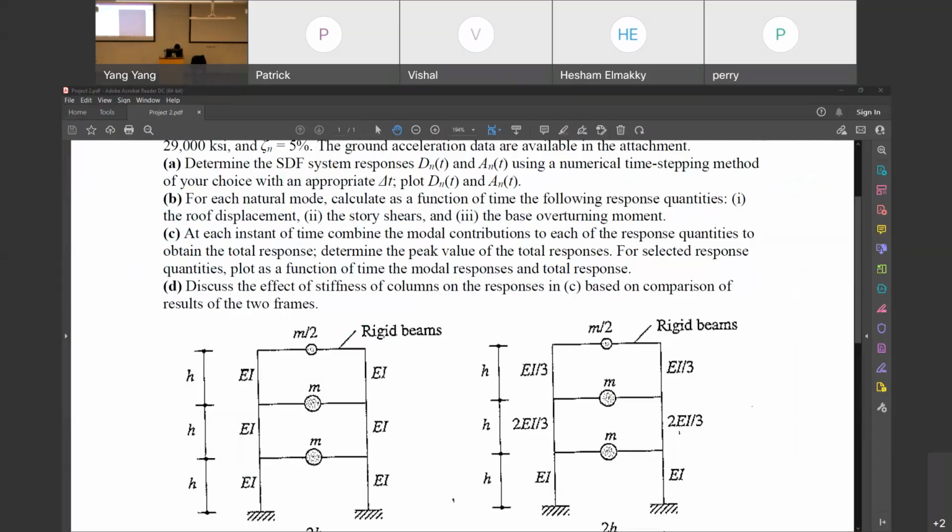For welded steel, you may use a damping ratio of 2 to 3%. For RC, reinforced concrete with cracking, 5%. Without cracking, use 2%.